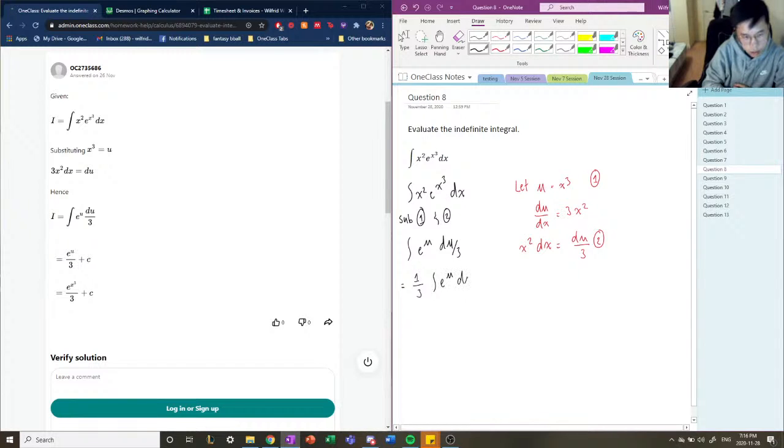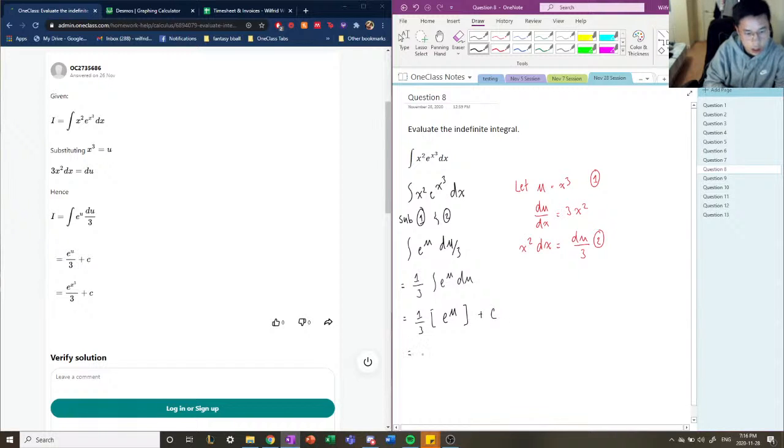e to the power of u du. Okay, so we know that the integral, or even the derivative, of any function with e to the power of something is just e to that power of something again. So we can write this as 1 over 3 times e^u. Okay? And we need to remember we have to include a constant here. The constant can be anything, but we just assume that there's always a constant in an indefinite integral.